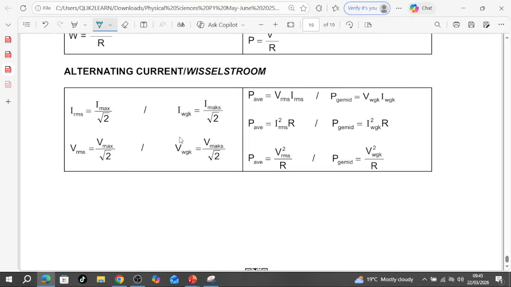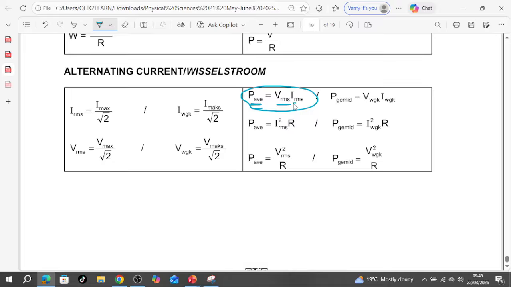But when we choose the formula, we need to choose the formula that has power. And the only one that I can use is this one. Which one can we use? This one, because VRMS is given, the P is given. Now we can find the current.